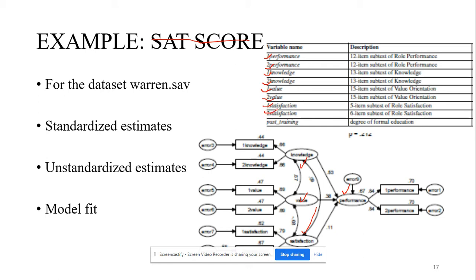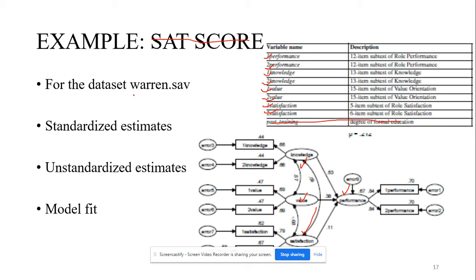This is how the different things are. And performance is a 12-item subset of role performance. The past training variable is not included in this.